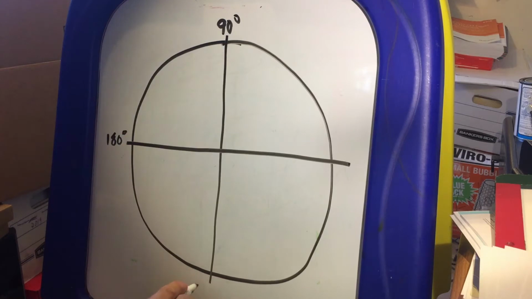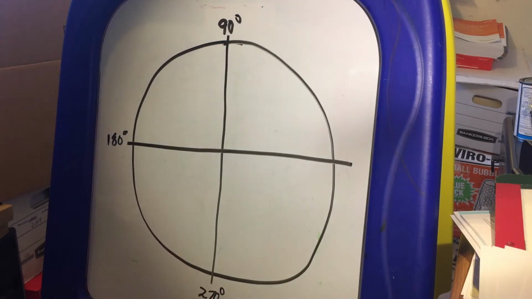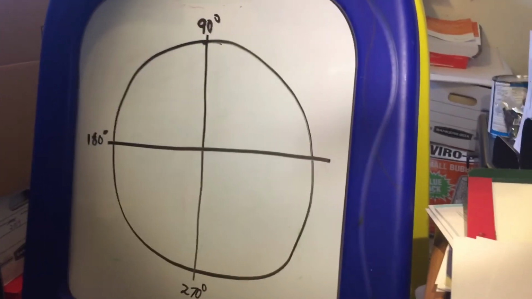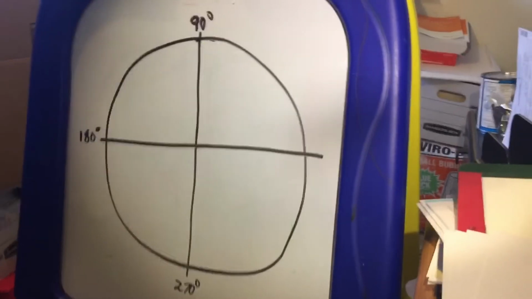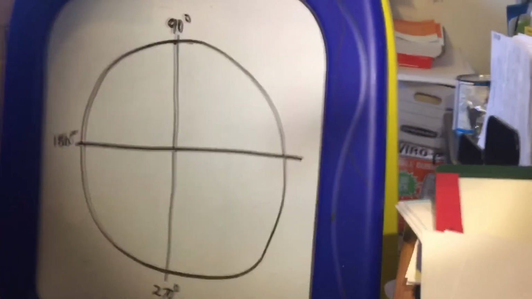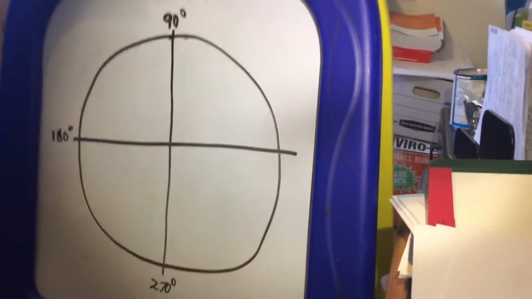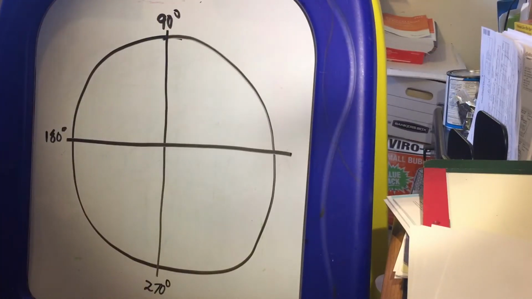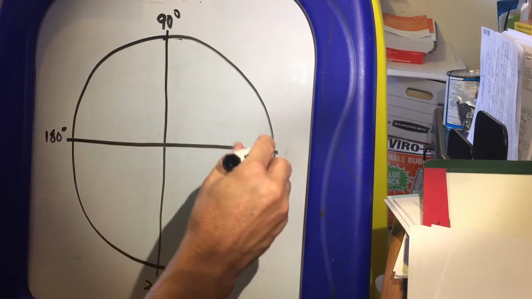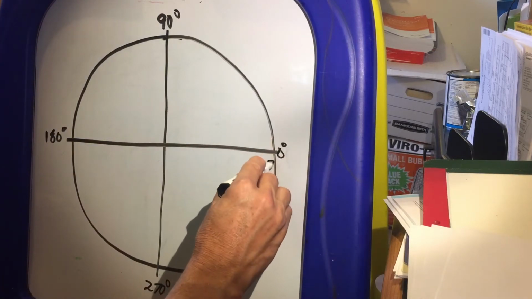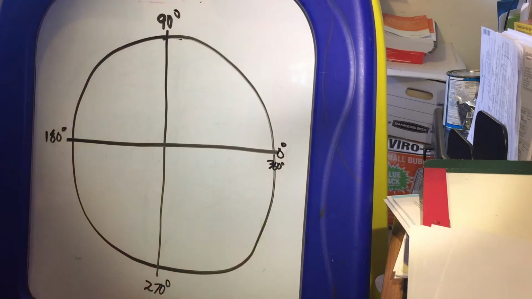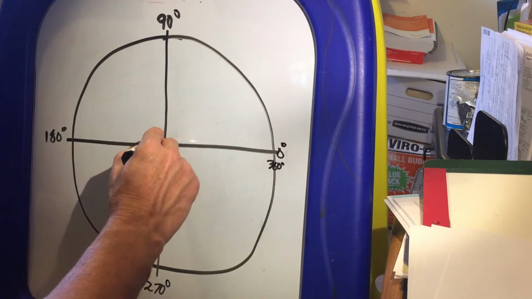We have 270 degrees. Can you see that? Sort of. Let's back it up here. Good enough. Okay, and over here we have 0 degrees, also known as 360 degrees. Those are equivalent.